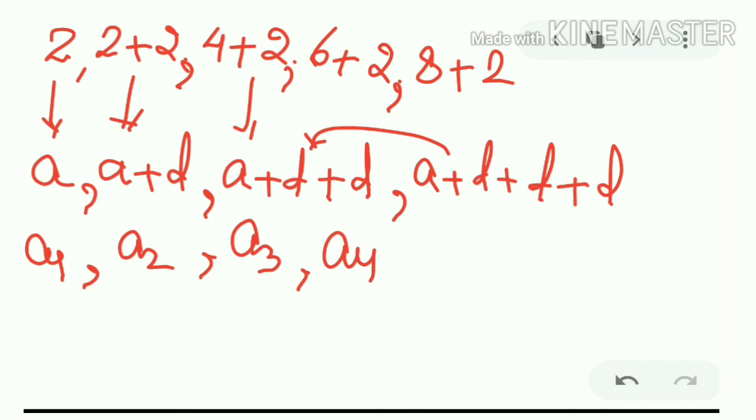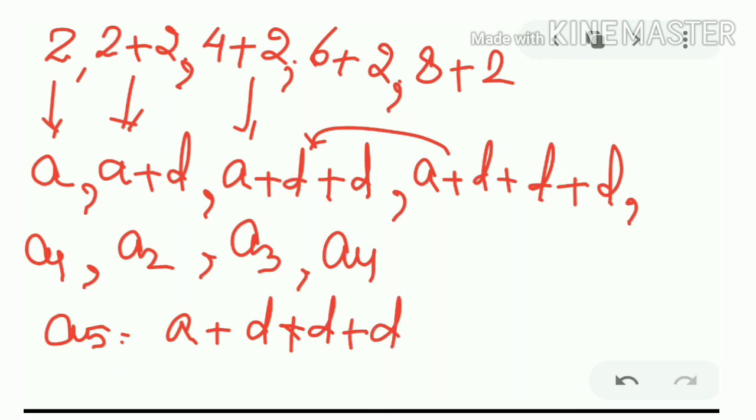A4 is A plus D plus D plus D. And finally, what is 8 plus 2? That is A5. It will be A plus D plus D plus D, the previous term, plus D, the common difference.